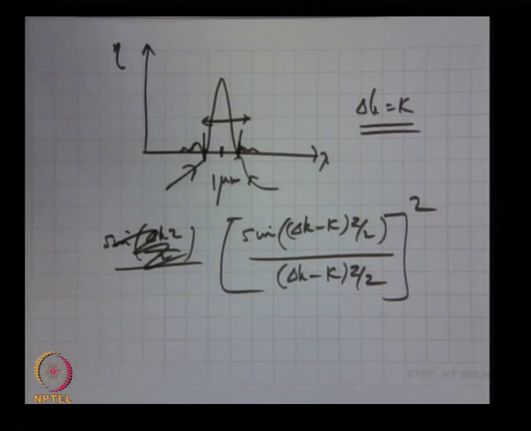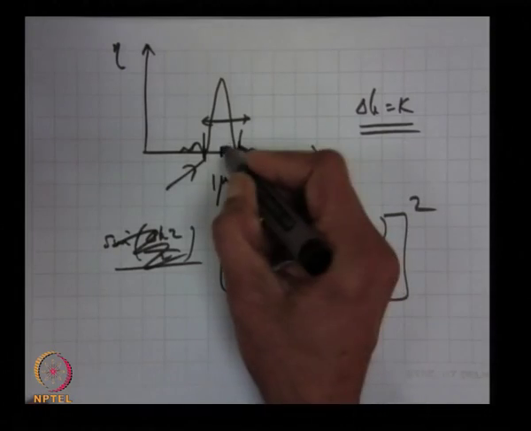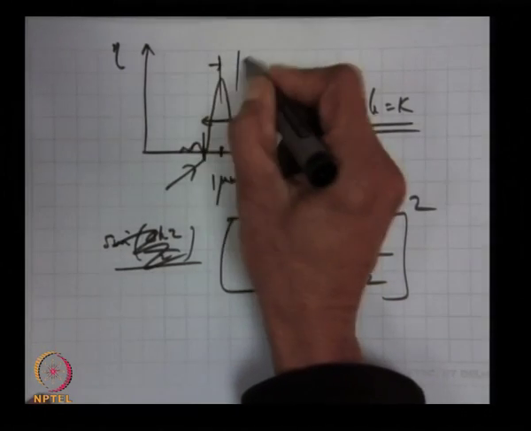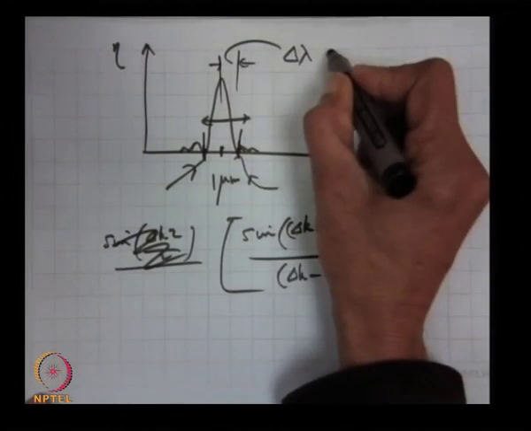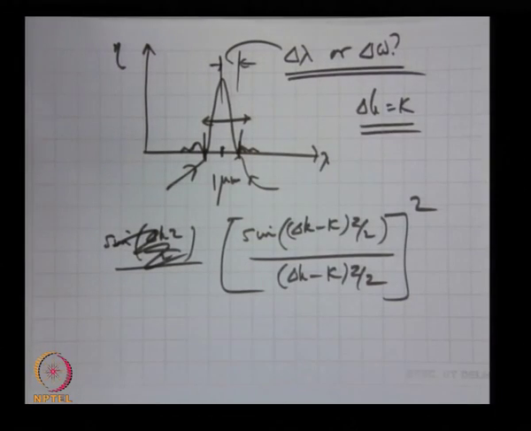In fact, it's an extension of a problem which I had given in the class, which I still want you to do. Analytical expression for this delta lambda, or delta omega. What is the change in the wavelength from the central frequency or wavelength at which the efficiency will drop to 0?